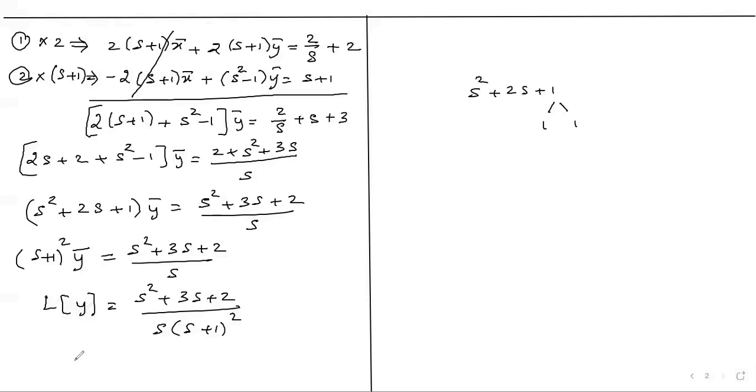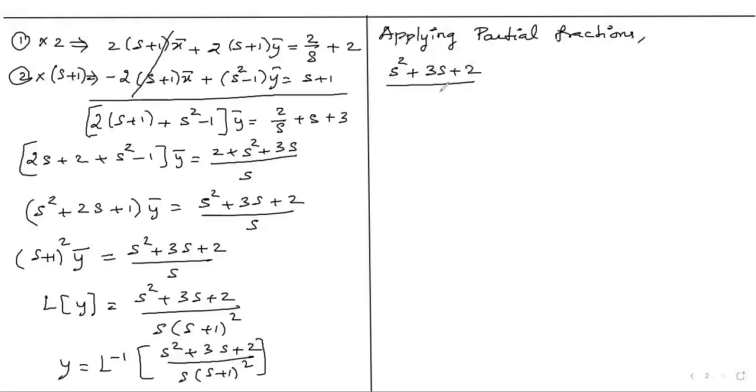See, this Laplace we don't need. So y equals Laplace inverse. Laplace, when coming to the other side, becomes Laplace inverse of s square plus 3s plus 2 over s times s plus 1 the whole square. Just take the terms which are inside the bracket of Laplace inverse. So s times s plus 1 the whole square.